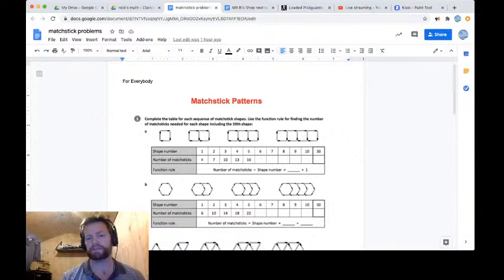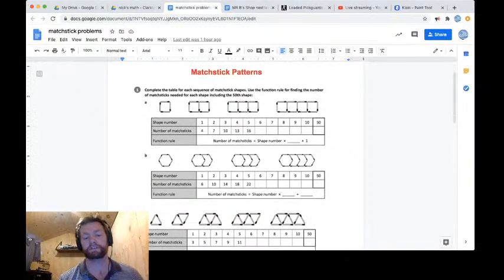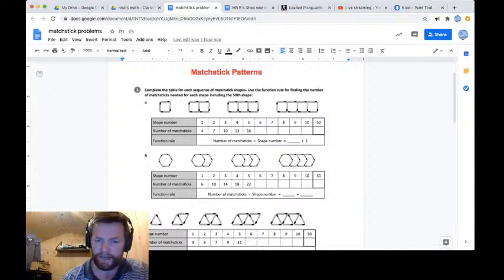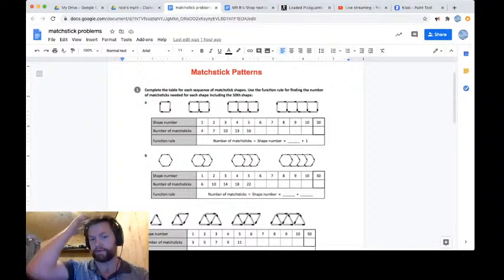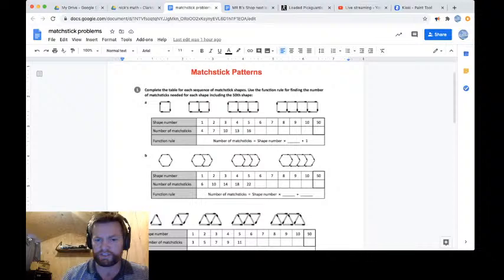Because it's the first one that you're going to do, down here it has a formula for the amount of matchsticks taken. As you can see, it's going up by 3 each time. But the first one starts on 4.